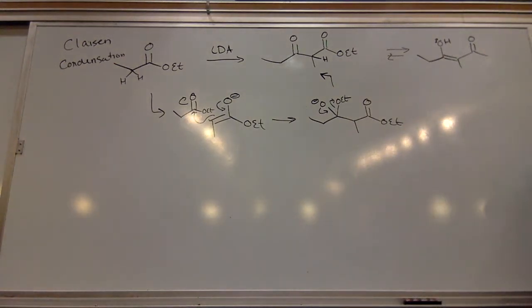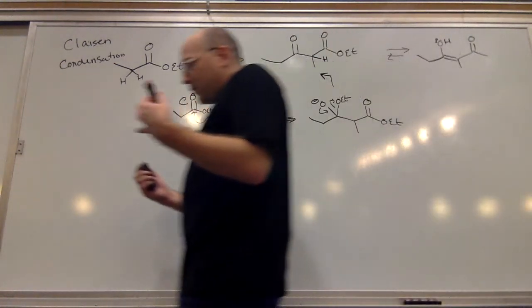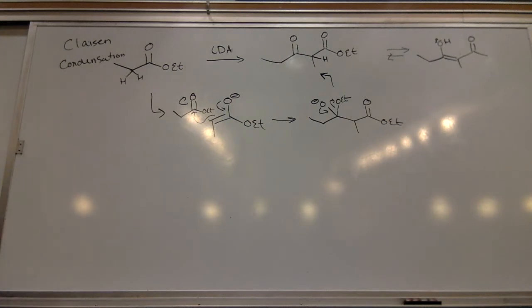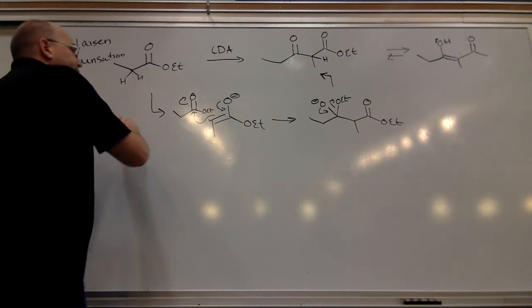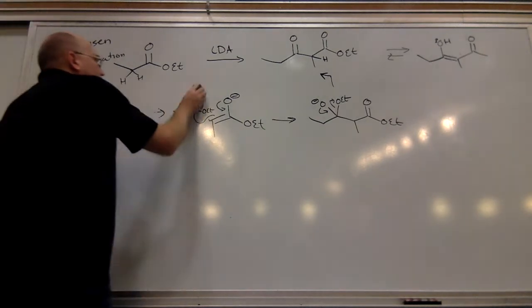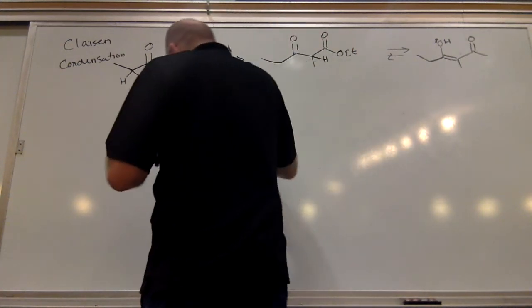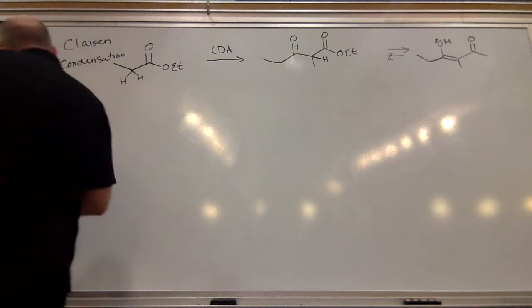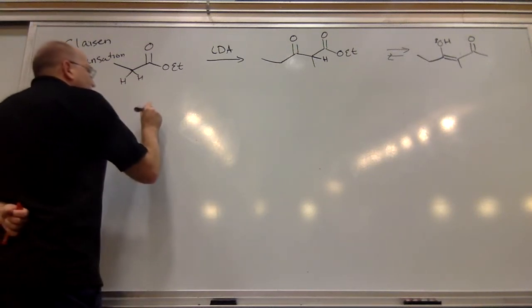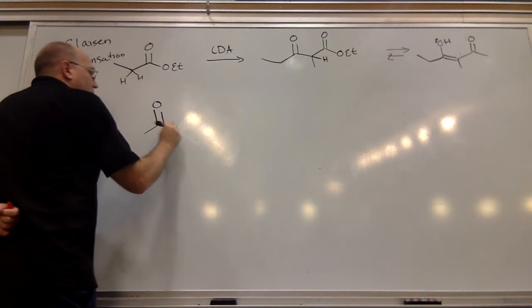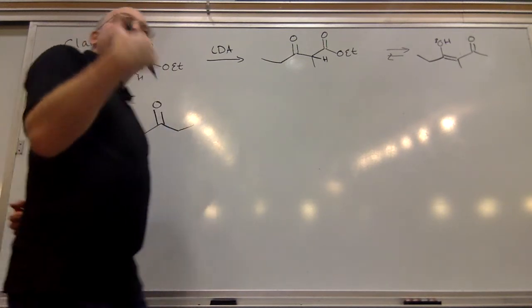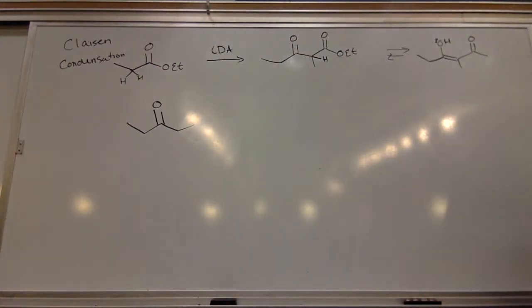So let's say, for example, that you had this ketone here, and let's imagine that we wanted to use enolate chemistry with this and then trap it with other electrophiles.